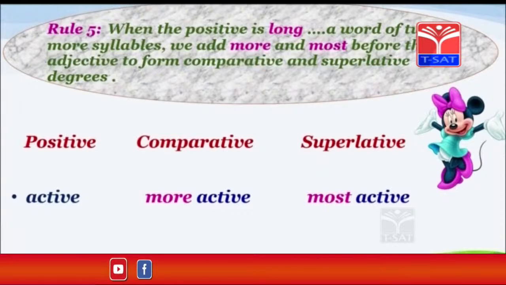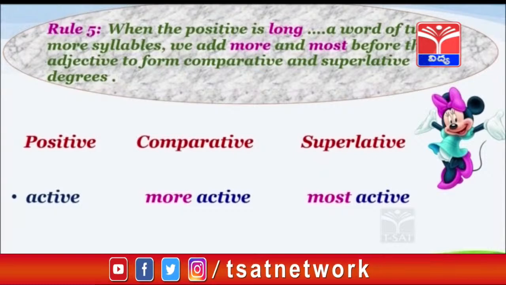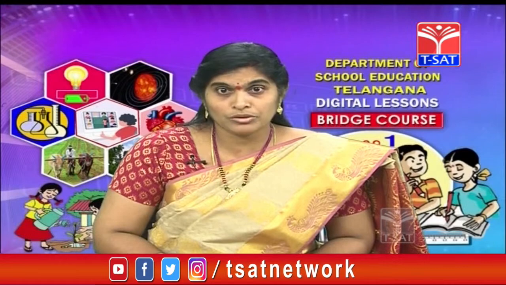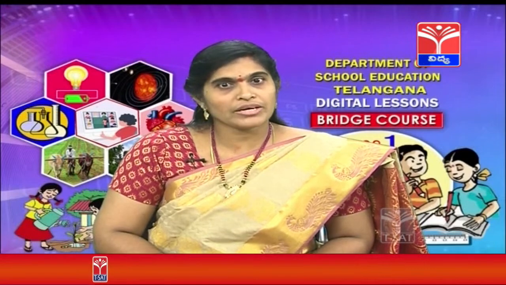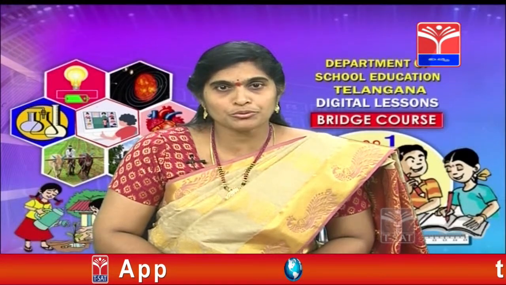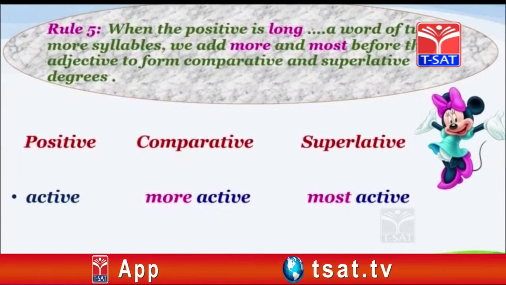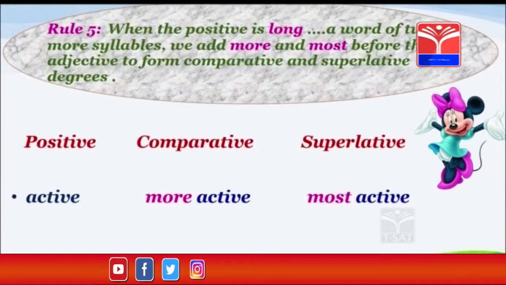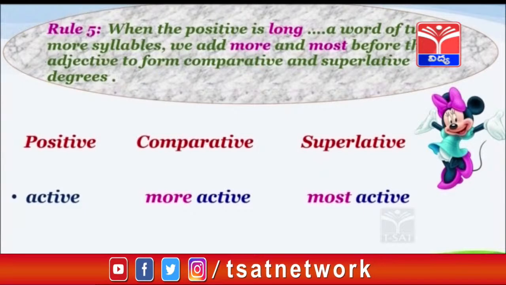For example, the word active. Will you add the letters ER here, children? No, we should not add. Here we have to add the word more to make it into comparative, like more active, and the word most to make it into superlative, like most active.